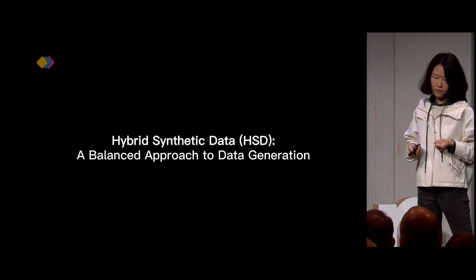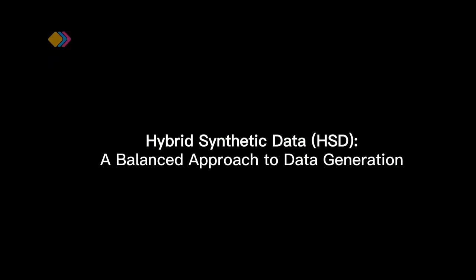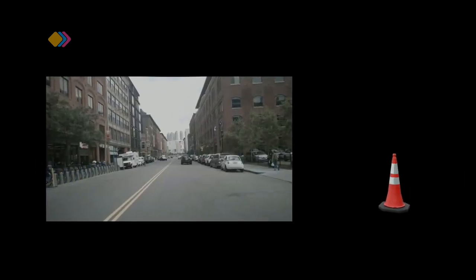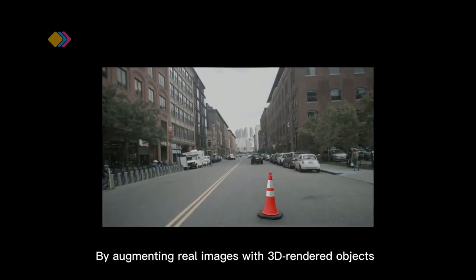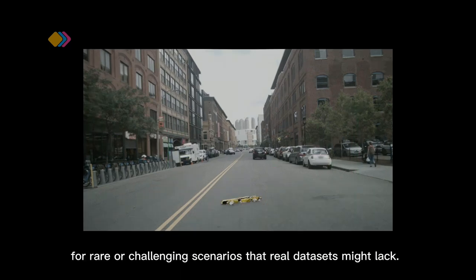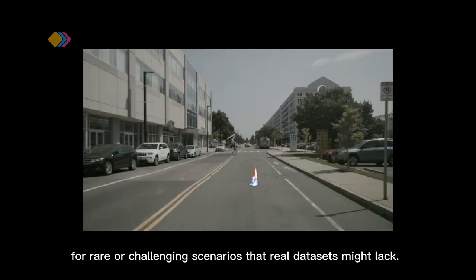Hybrid synthetic data, HSD. A balanced approach to data generation. Hybrid synthetic data, HSD, blends real and synthetic data elements to create enhanced datasets for machine learning models. By augmenting real images with 3D rendered objects, HSD provides a cost-effective way to generate data for rare or challenging scenarios that real datasets might lack.